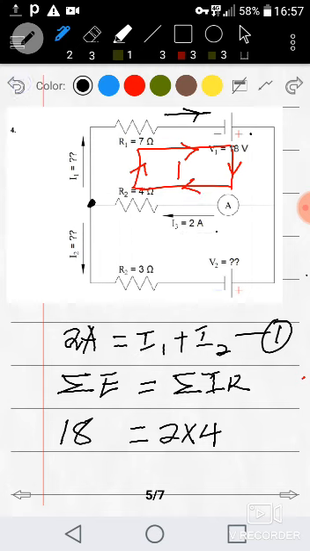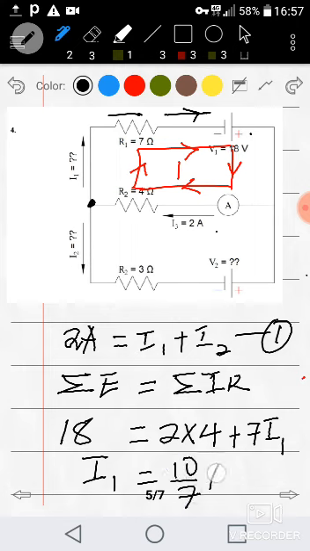So we are taking that current to be positive. Then after that, we should add on here, current is in that direction for the 7 ohm resistor, or R1, and the loop is in the same direction. So that means we have positive current, so we have 7I1. When we simplify this, we should have I1 as 10 out of 7 amperes.